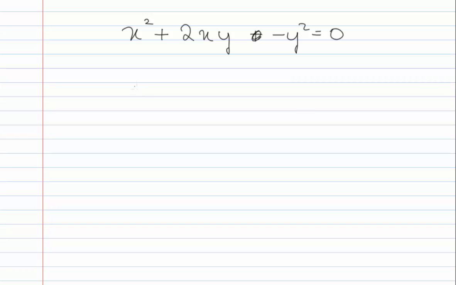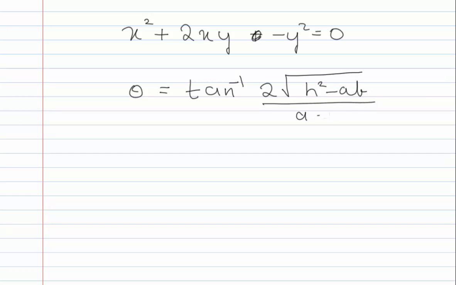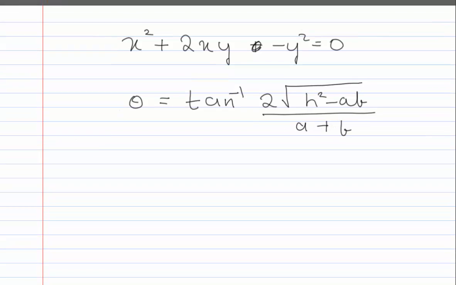So we can easily do that. We know the formula, theta is equal to inverse tangent of 2 square root of h square minus ab upon a plus b, and we can clearly see that. First of all, let me write it down so it's easier for you to follow.